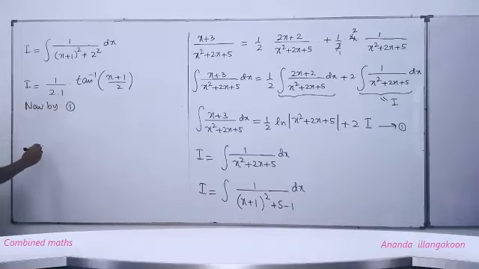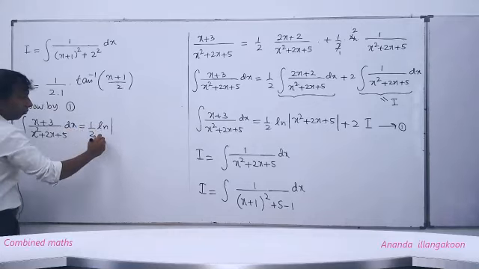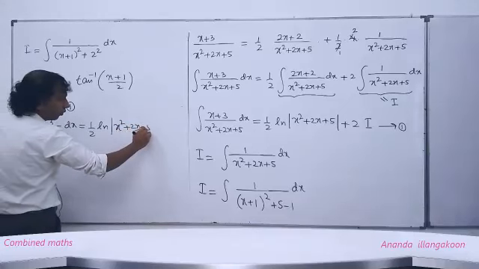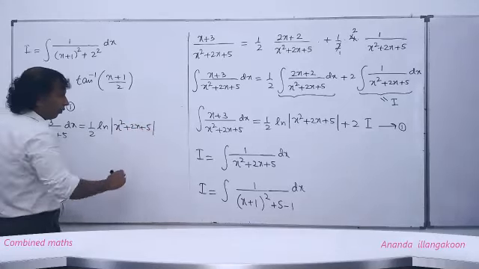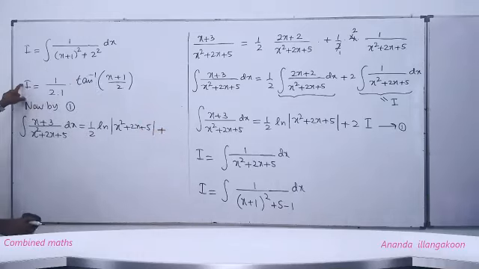Now by 1, we get, people, the answer like this. Integration of x plus 3 divided by x squared plus 2x plus 5 dx equals half L in modulus x squared plus 2x plus 5 plus 2 times I. When you bring this 2 here, we get 2I. 2I is tan inverse (x plus 1) by 2.